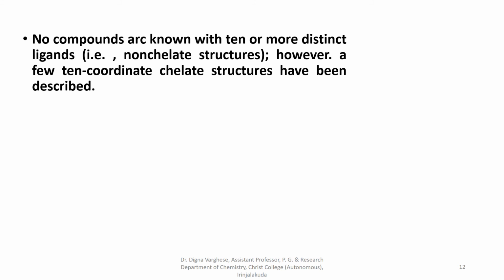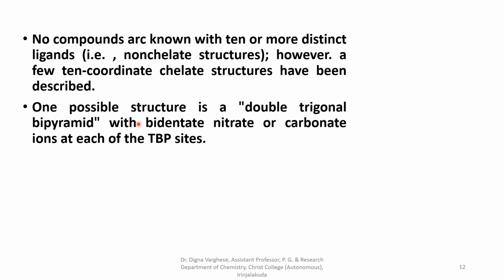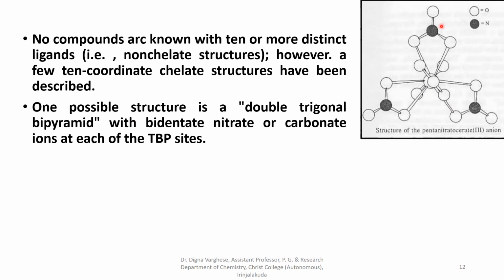No compounds are known with 10 or more distinct ligands. However, a few 10 coordinate chelate structures have been described. One possible structure is a double trigonal bipyramid with bidentate nitrate or carbonate ions at each of the trigonal bipyramid sites. Here you can see the double trigonal bipyramid structure, a pentanitrato cerate(III) ion.